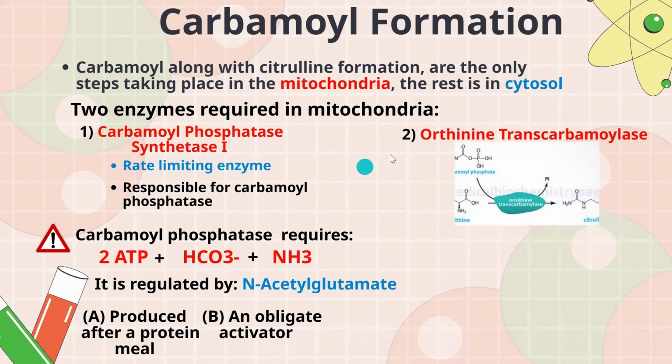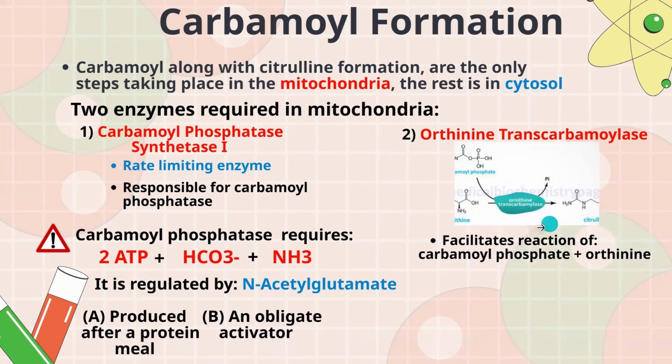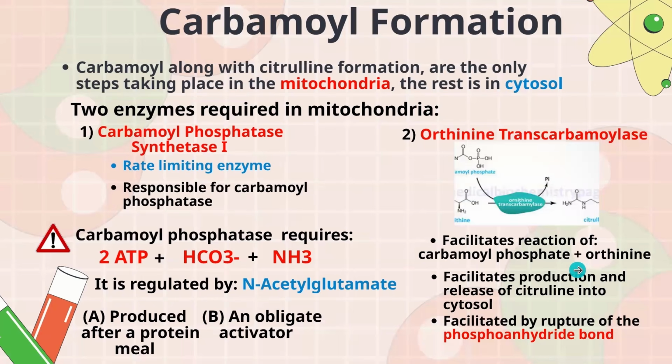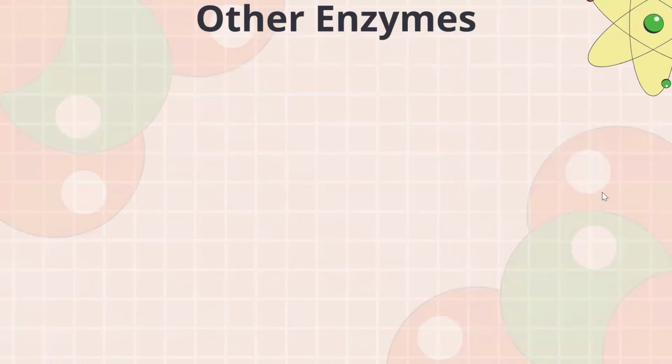This is what's responsible for yielding citrulline and facilitates the production and release of citrulline into the cytosol. It's also facilitated by the rupture of the phosphoanhydride bond, which eventually gives inorganic phosphate. We need something high in energy to act upon this, which is why all of this occurs in the mitochondria.